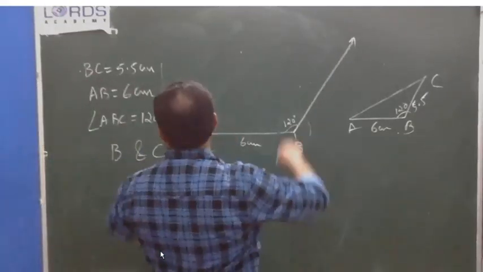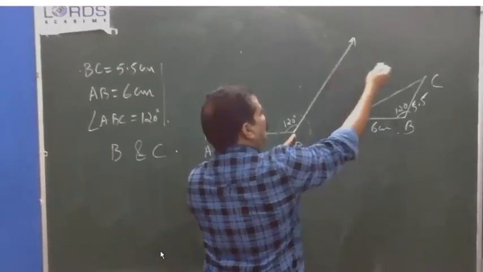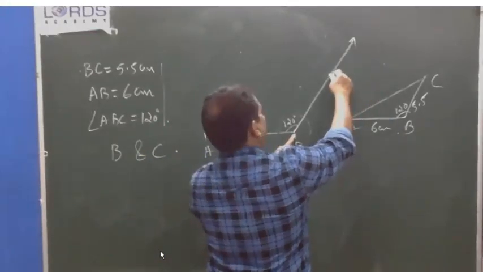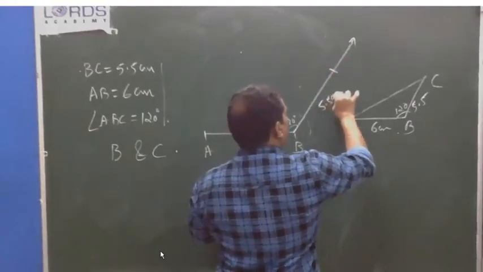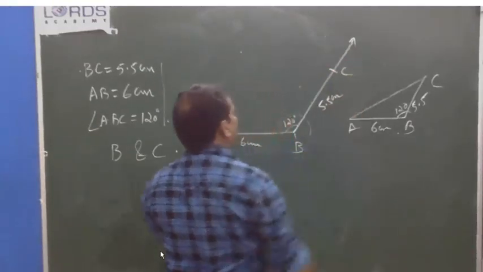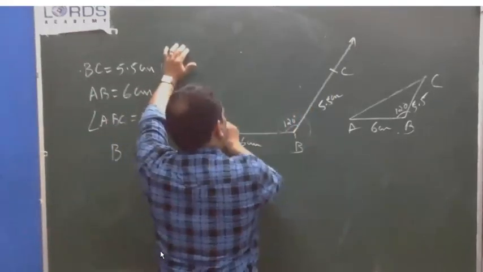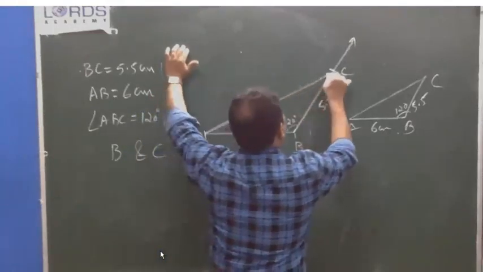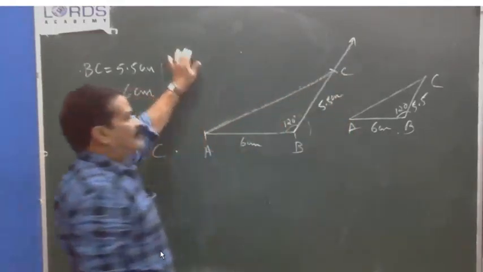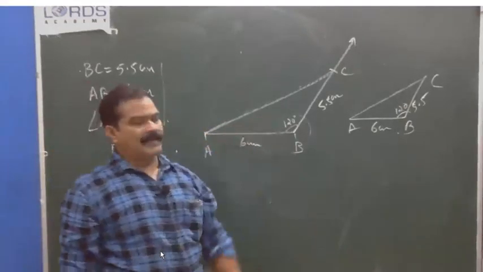Then BC 5.5 centimeter. From B you take in the compass the measurement 5.5. Let it be here. 5.5 centimeter. C. Join AC. This will be the required triangle.